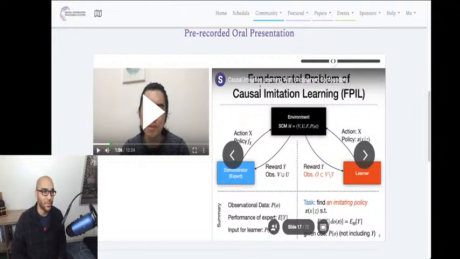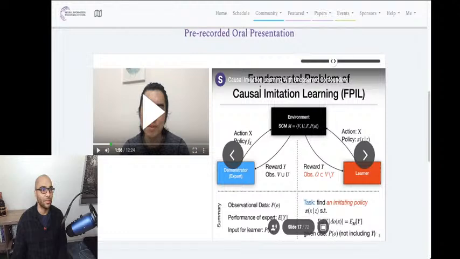So we have two types of variables in the model: exogenous and endogenous ones. There are functional assignments that set the values of the endogenous variables, and some kind of underlying distribution on the exogenous variables. We can talk about what that is later. But anyway, it's just a causal model with a DAG, and this determines what the reward is.